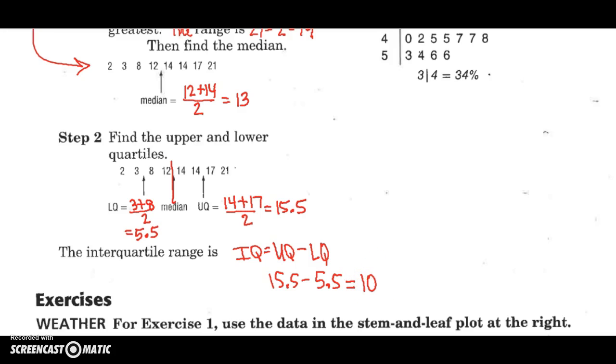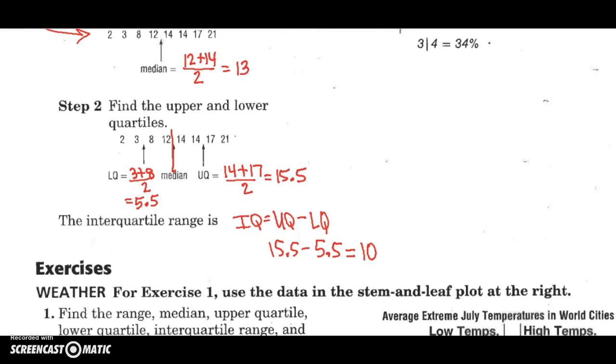Now, let's show how to test for an outlier. I don't believe there is one in this problem, but here's how we check. We'll take 10 and we will multiply that times 1.5, which gives us 15. So when we take the upper quartile, 15.5 plus 15, that gives us 30.5. Outliers would be greater than 30.5.